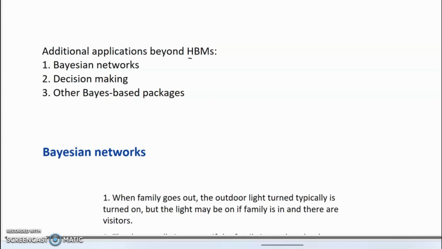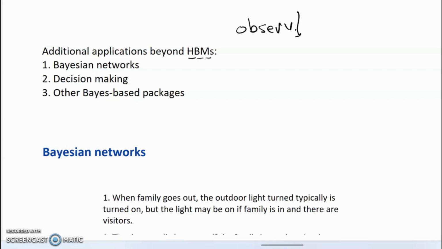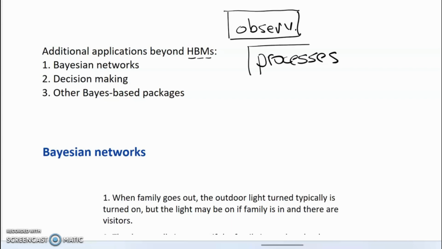So last week we talked about hierarchical Bayesian models, and that they were very important in observational studies because, unlike purely empirical approaches such as multiple linear regression, hierarchical Bayesian models allowed us to tease out the underlying processes.